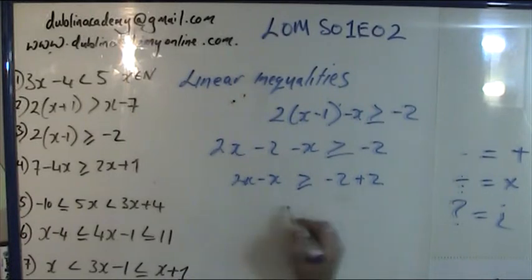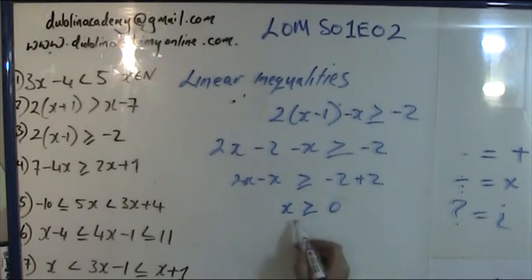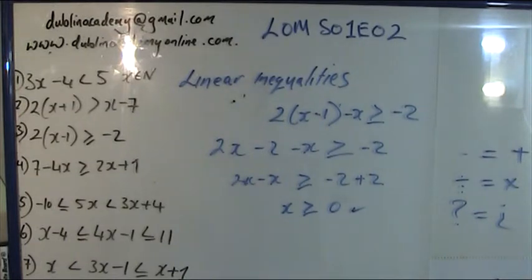And so you get x is greater than or equal to minus 2 plus 2, which is 0. You might wonder how x can be 0, but x is greater than or equal to 0, and it doesn't say you have to show anything else. You just show that answer. So that's the answer to that one.